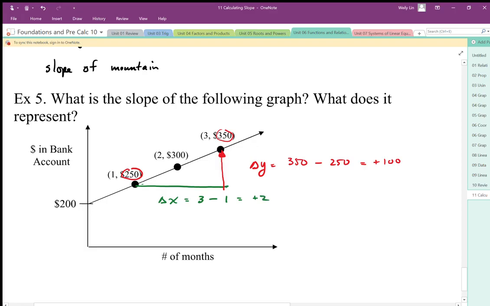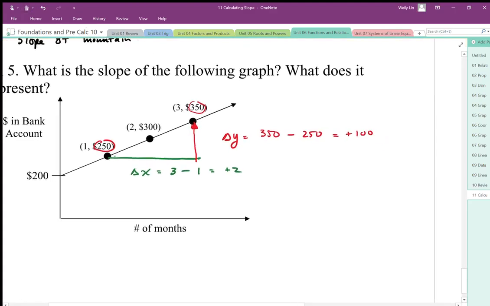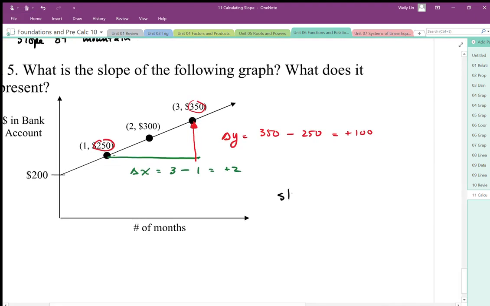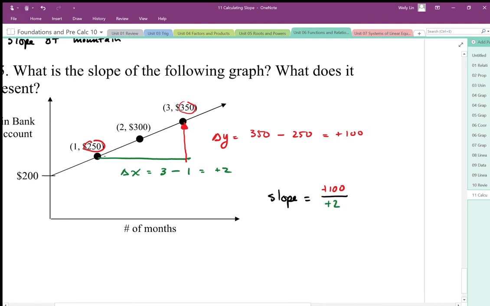So when I then calculate the slope, it is the ratio of those 2 components. The slope in this case is going to be the change in y divided by the change in x. And we want to know what it represents. So it looks like the slope is 50, but it actually represents something.